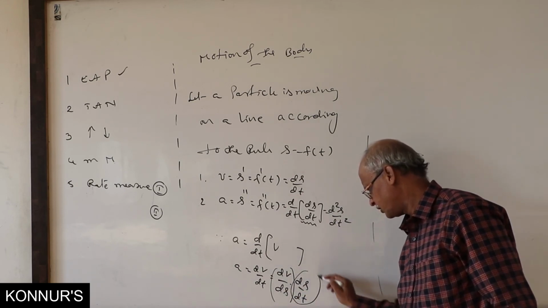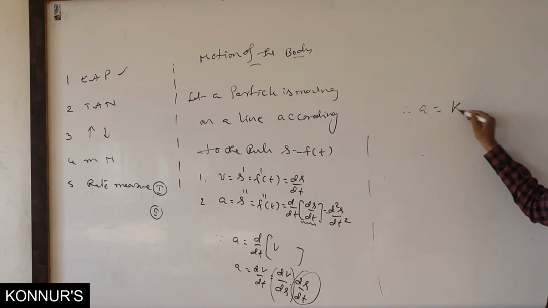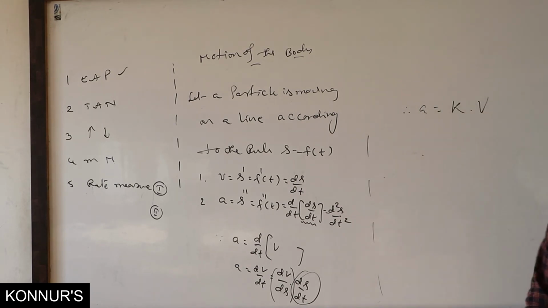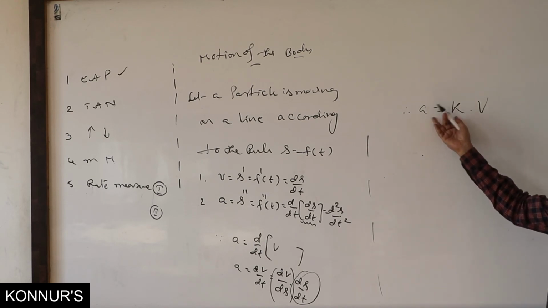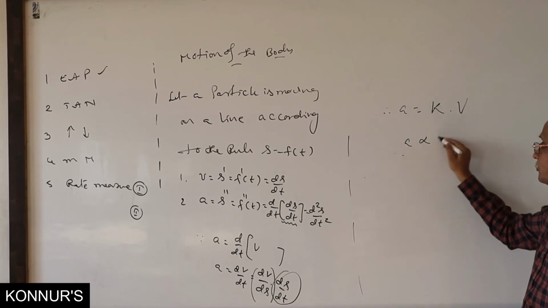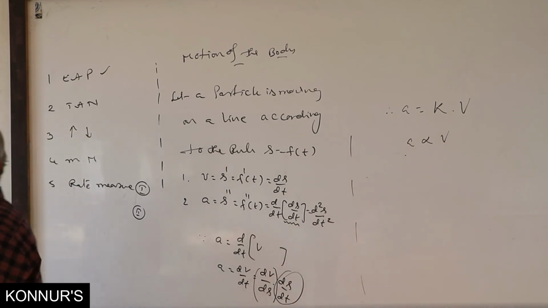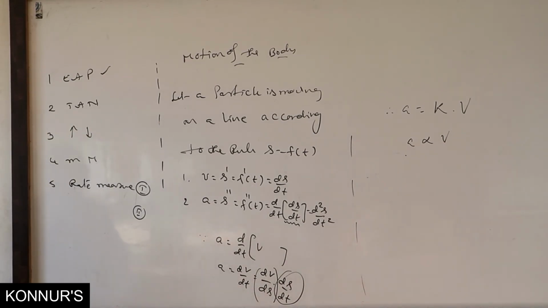We know about ds by dt. Therefore, A is equal to some constant into velocity. When there is a relation with one constant multiple, what is implied? A is proportional to velocity. Acceleration depends on velocity.